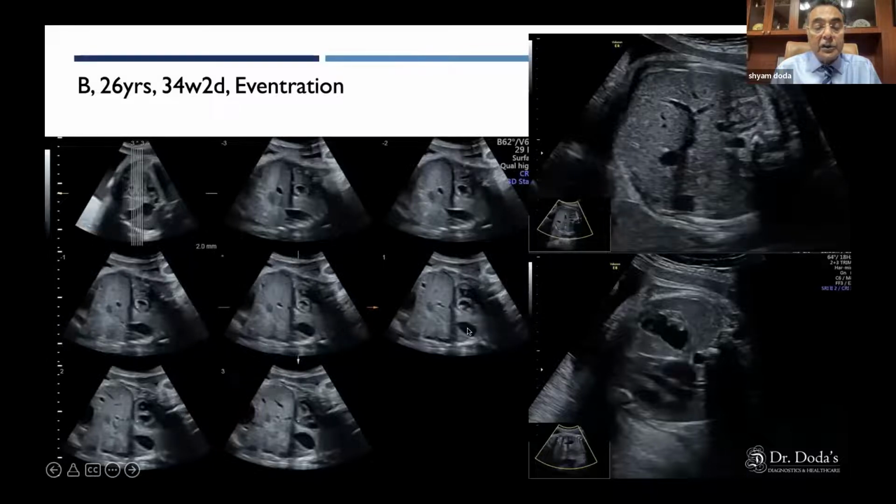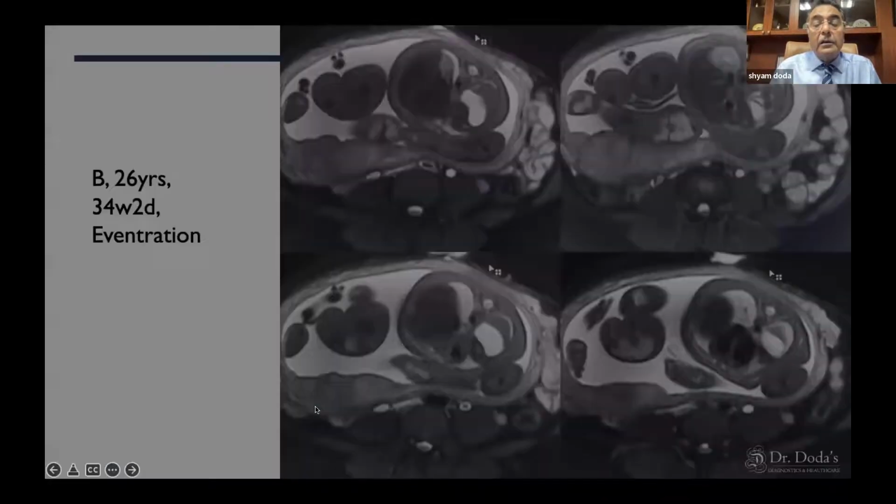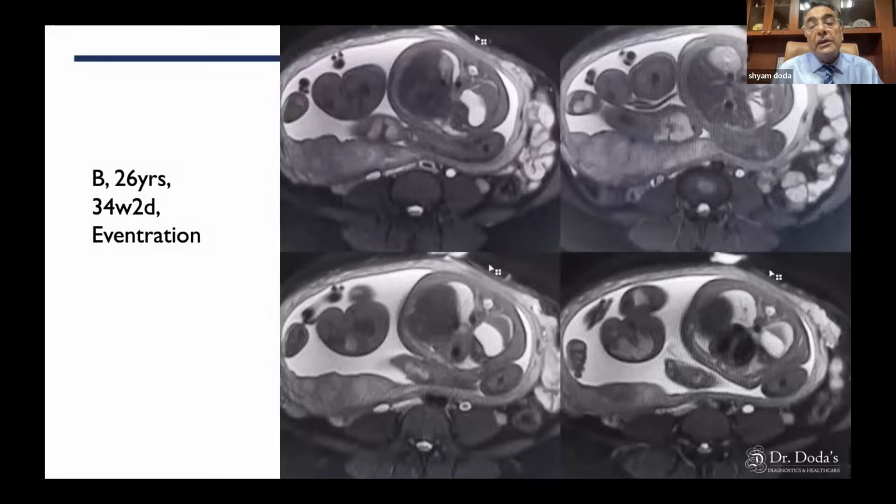And you suspect whether it is a hernia or eventration. We did an MR in this particular case. These are the axial pictures as we have seen on ultrasound also. Again, you see that the heart is at the same level as the stomach bubble.